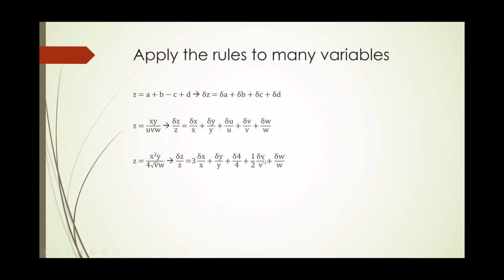And for the square root of v, you should have delta square root of v over square root of v, but if you apply rule number 4, that will equal half delta v over v, and delta w over w. So that's it, but after that you can simplify this because delta 4 is 0. 4 is a constant, it has no uncertainty, so you can simplify this propagation equation.